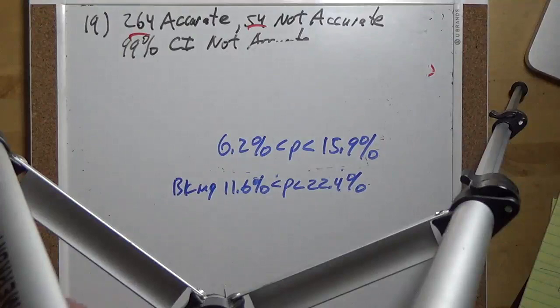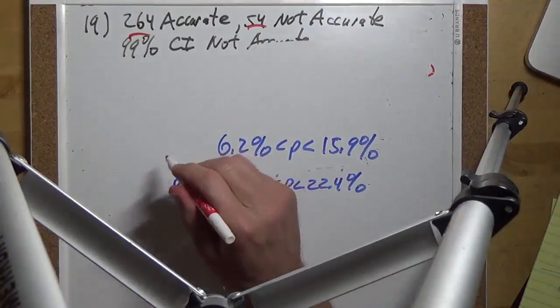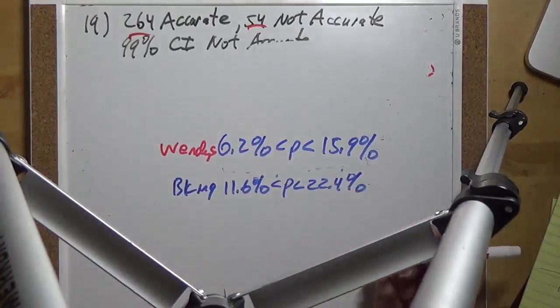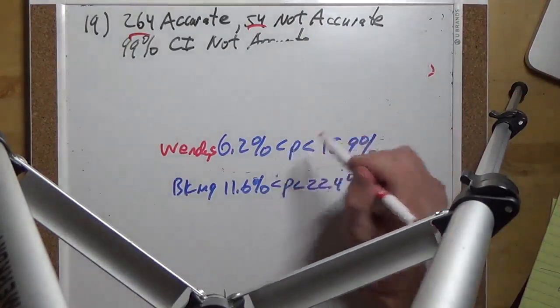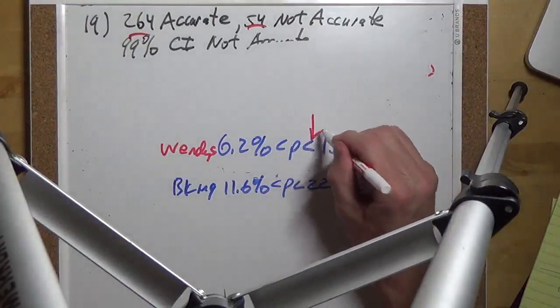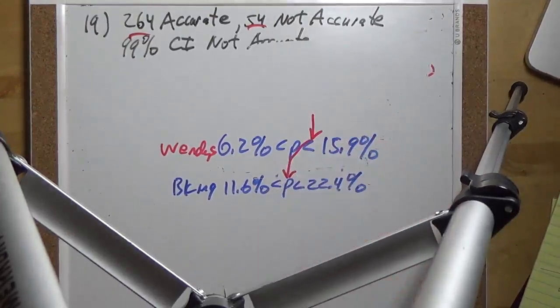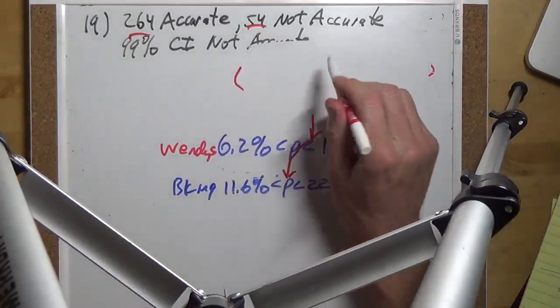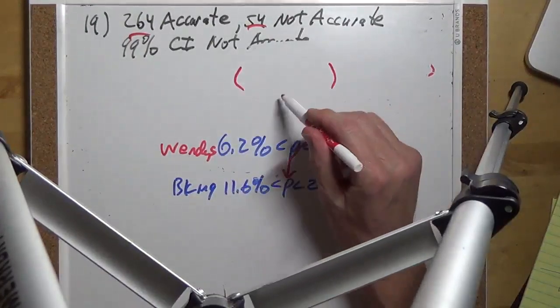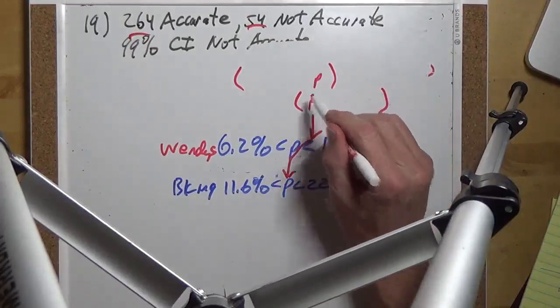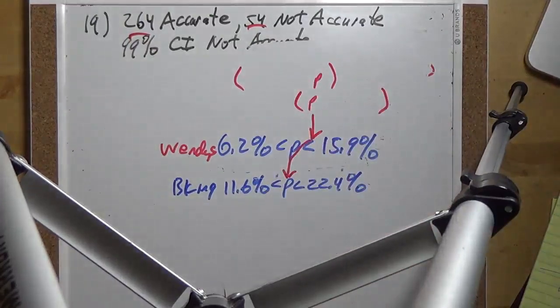But the problem is these intervals overlap. So it could be that maybe the true percentage of Wendy's was here, near 15.9. Well, that fits in here as well. So Wendy's confidence interval looks like this, Burger King like this. The true p could be in there, and so we can't really say that Wendy's is less than Burger King, or less inaccurate.